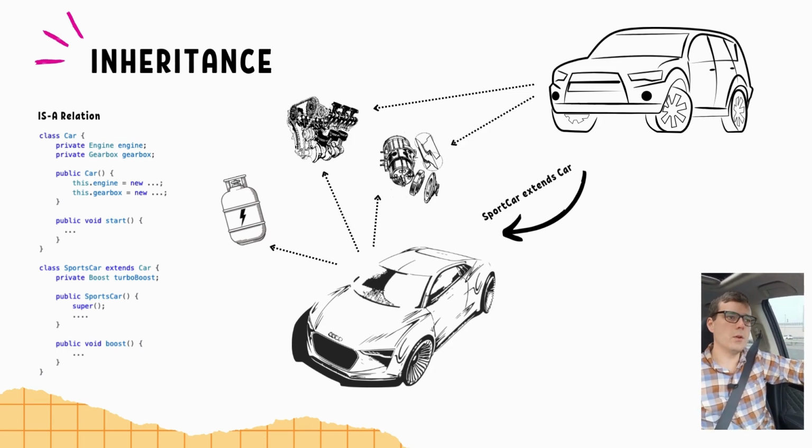The problem with inheritance is that it's usually not as straightforward as in the example of cars, because when we create complex business logic, the classes usually do not have such straightforward relations, and inheritance is often misused.